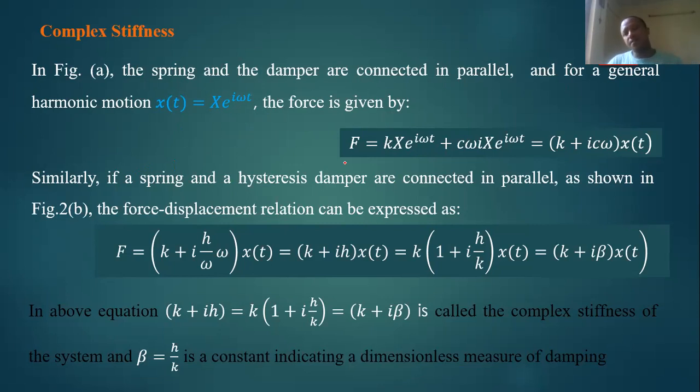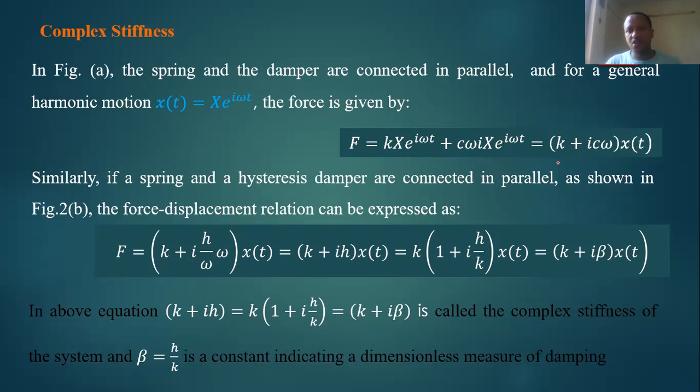Therefore, F is equal to kX e to the i omega t plus Cω i X e to the i omega t. This is the solution type using the exponential function; not only can we use trigonometric functions, we can also use exponential functions. This is a complex form of the system.